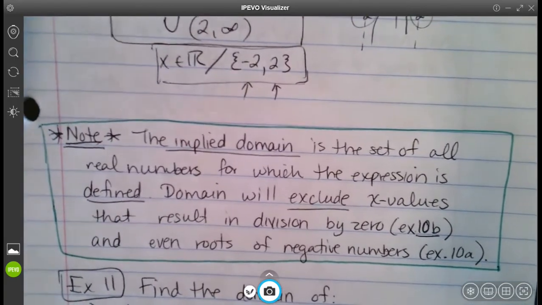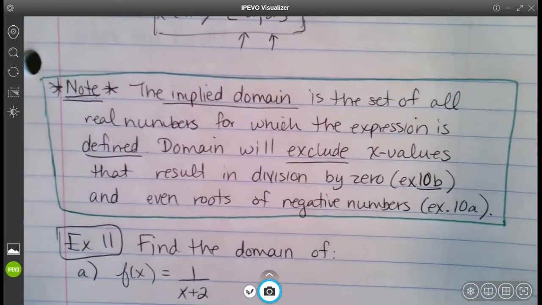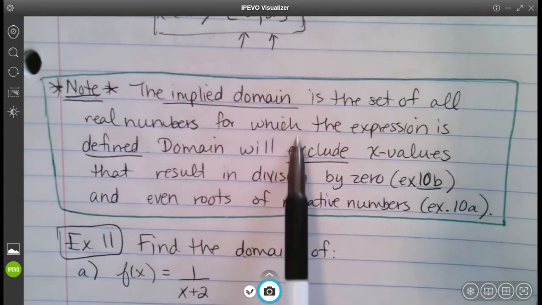The implied domain, okay, is the set of all real numbers for which the expression is defined. So as you saw in the examples we just showed, the domain will exclude x values that result in division by 0. So that's the example 10b.